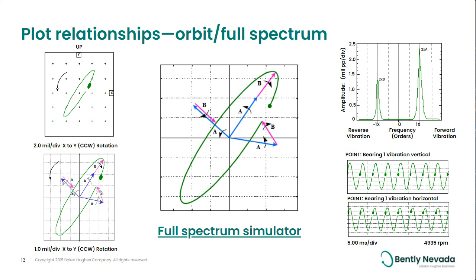So the major axis will be 2 times A plus 2 times B. The minor axis will be 2 times A minus 2 times B. And you'll see in a spectrum that the positive component will be 2 times A and the negative component 2 times B. We use these extractions in System 1 for decision support. They're available to you to use there as well, and it helps describe that orbit shape.